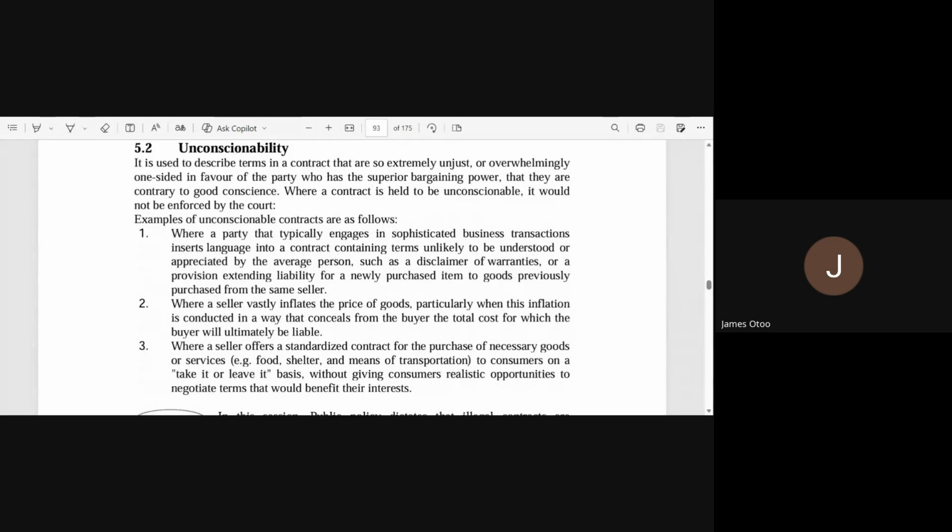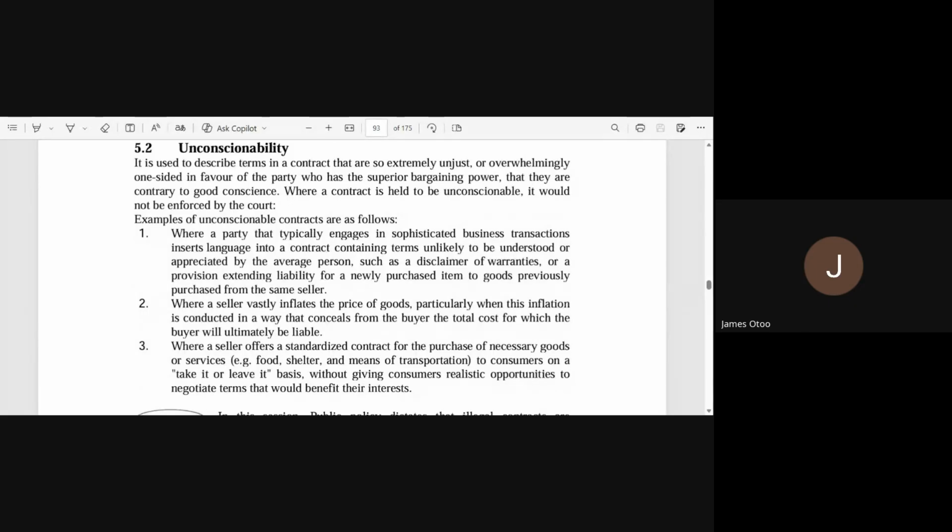Such a contract is unconscionable. Another is when the seller inflates the price of the goods in a way that conceals from the buyer the total cost for which the buyer will ultimately be liable. So those who inflate price abnormally, that is your case.